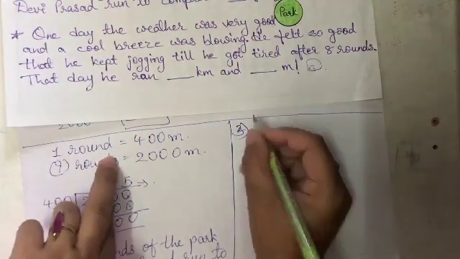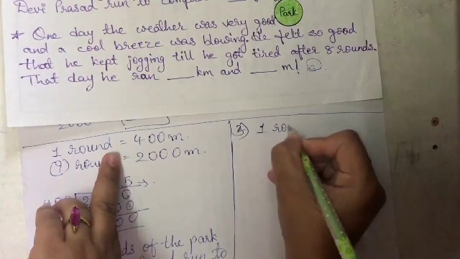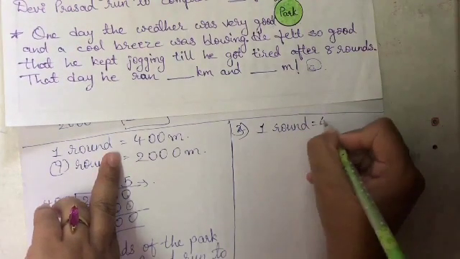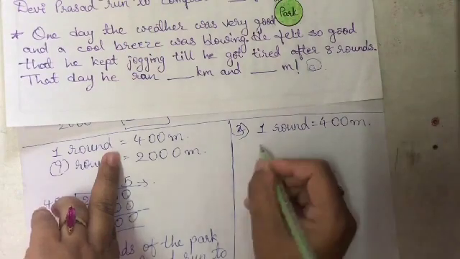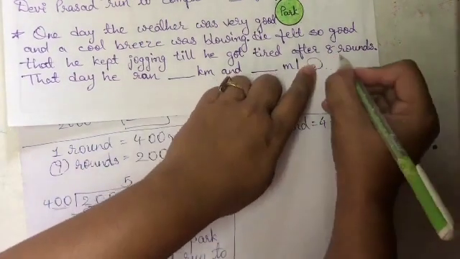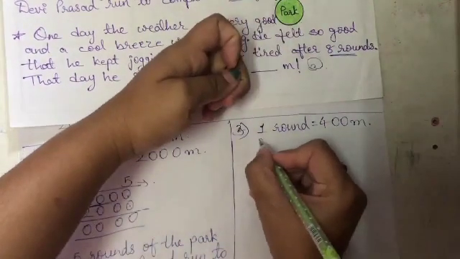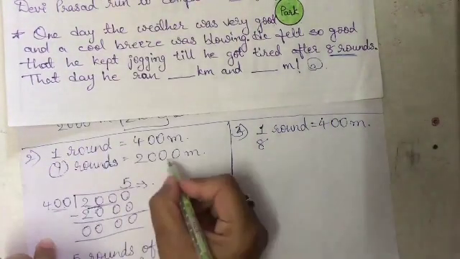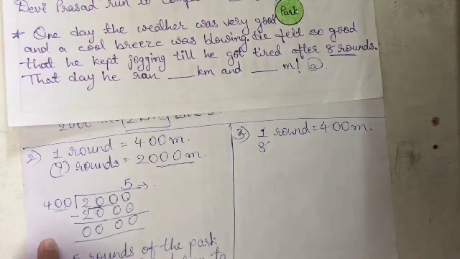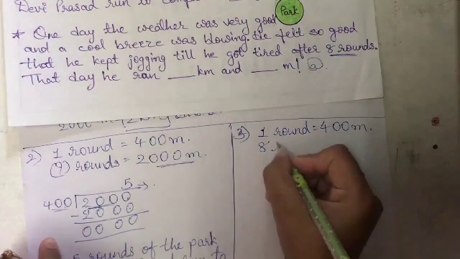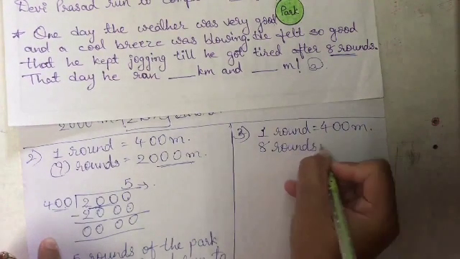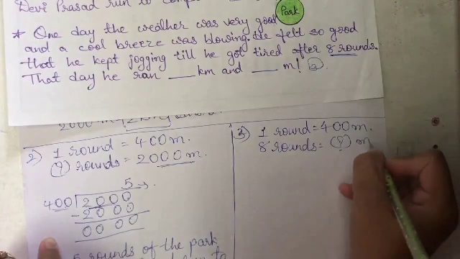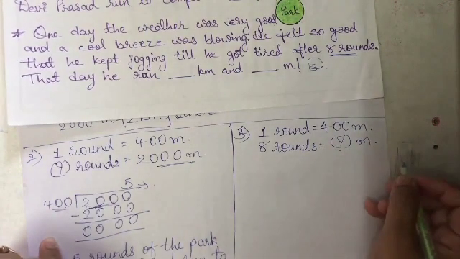Now we know that 1 round is equal to 400 meter, right? So for the 8 rounds given here. Now rounds are given. In the second question, meters was given. So 8 rounds is equal to how many meter or kilometer, both?